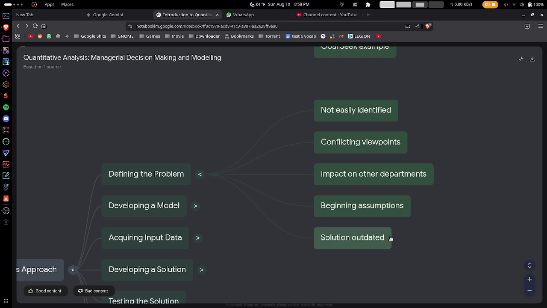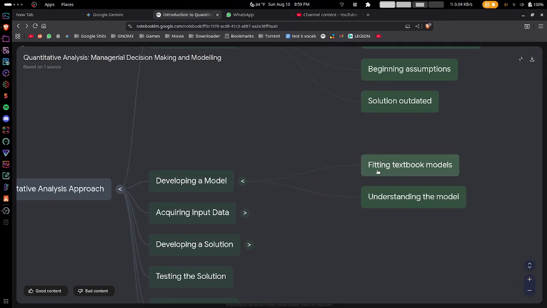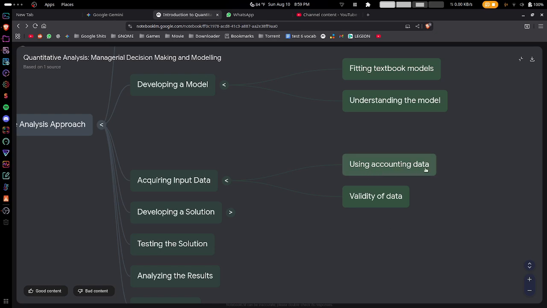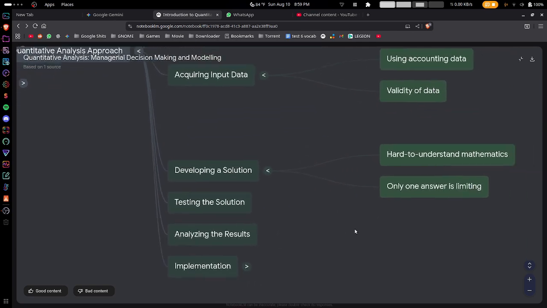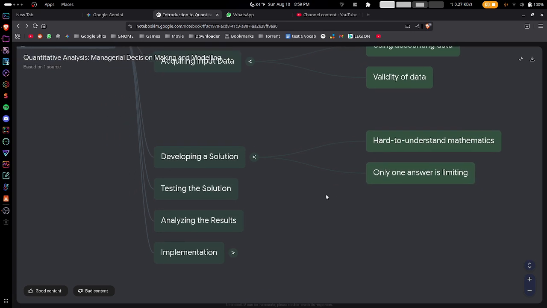Beginning assumptions could be a problem again, and the solution could be outdated. We need to develop a model, fitting textbook models and understanding the models. Then we input the data, using accounting data and checking the validity of the data. To develop a solution, the mathematics can be hard to understand, and having only one answer is limiting.